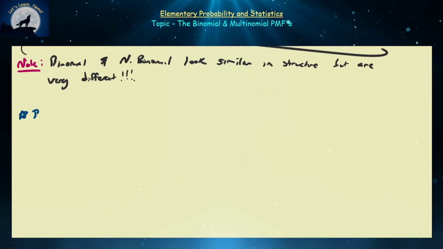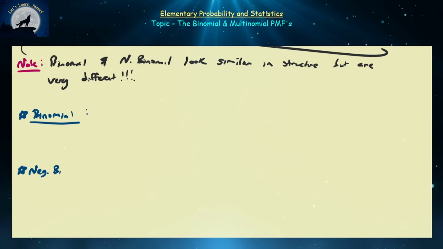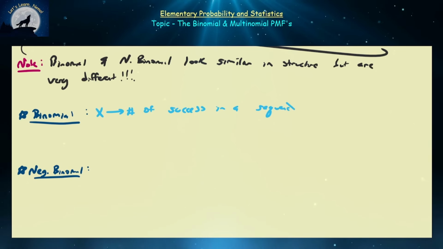So we have binomial, and then we have negative binomial. What do they represent? Binomial, x, represents the number of successes in a sequence of n independent binary trials.